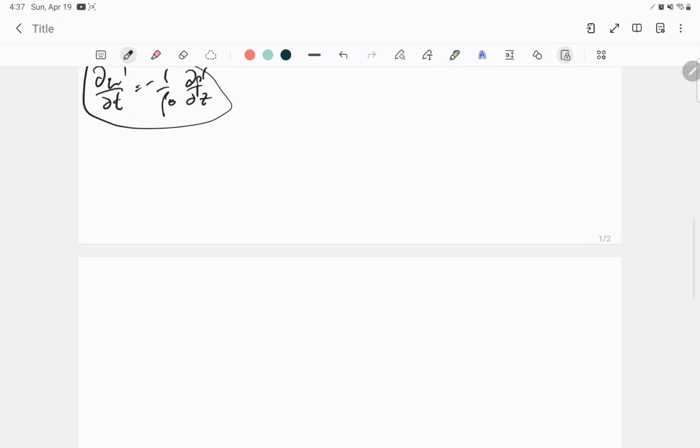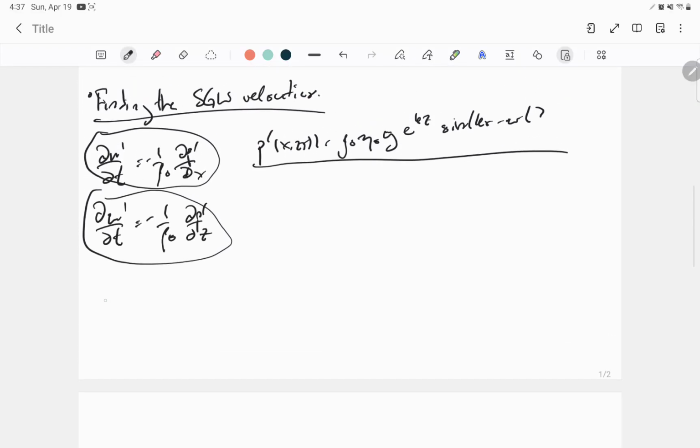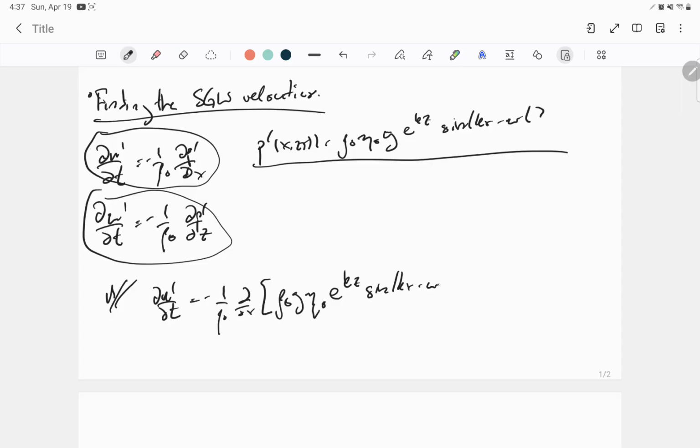So let's do u first. For u, we have du prime dt equals minus 1 over rho naught d by dx, and then plug in our formula for pressure, rho naught g eta naught e to the kz sine of kx minus omega t. And so our rho naughts can cancel here, so we get minus g eta naught e to the kz.